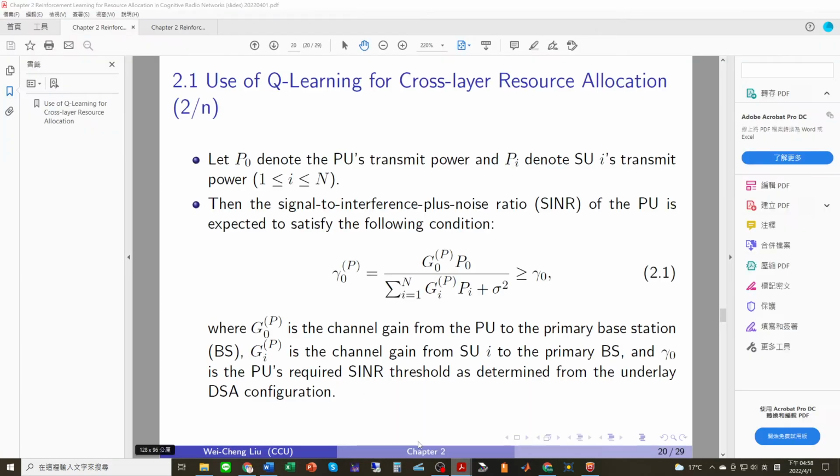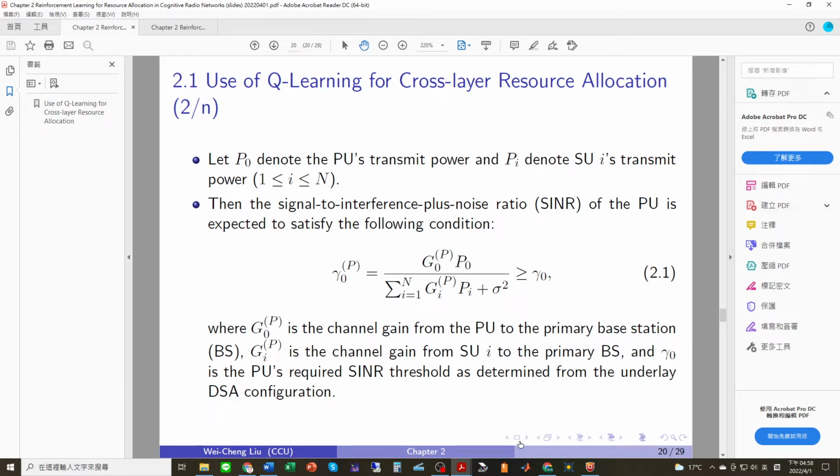Let us go back to the slides. In this equation, we know that the numerator is the received signal power. And in the denominator, the first term is the interference power, and the second term is the noise power. So the received signal power is equal to G0P times P0.